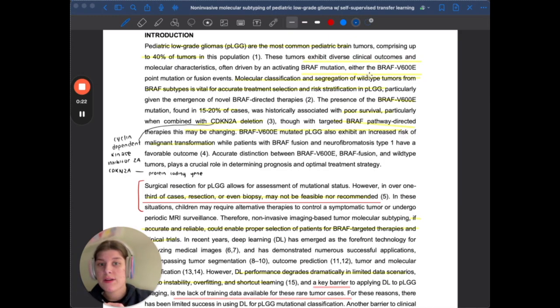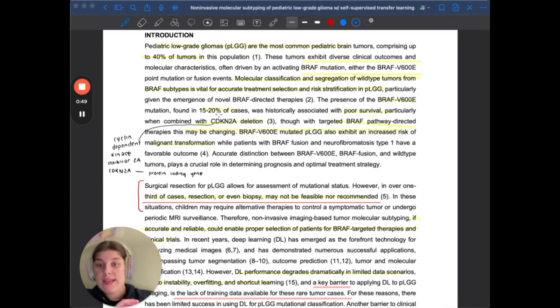There was either the point mutation, the fusion, or the wild type. These three are the ones that had this molecular classification and segregation, in order to create the most optimal, accurate treatment selection and then risk minimization.